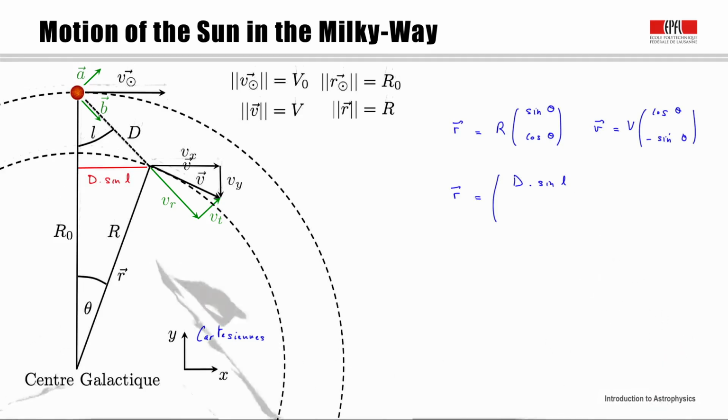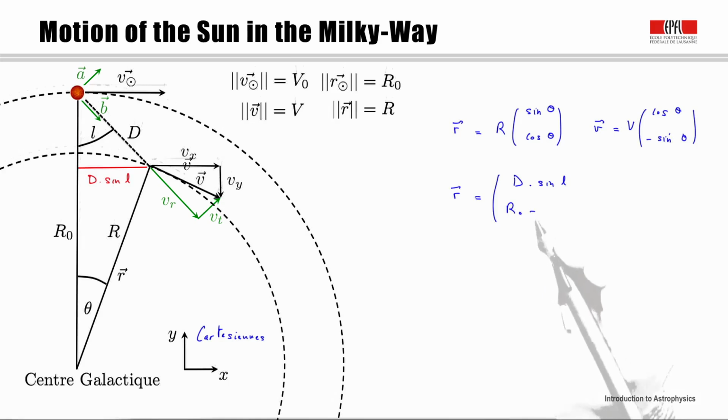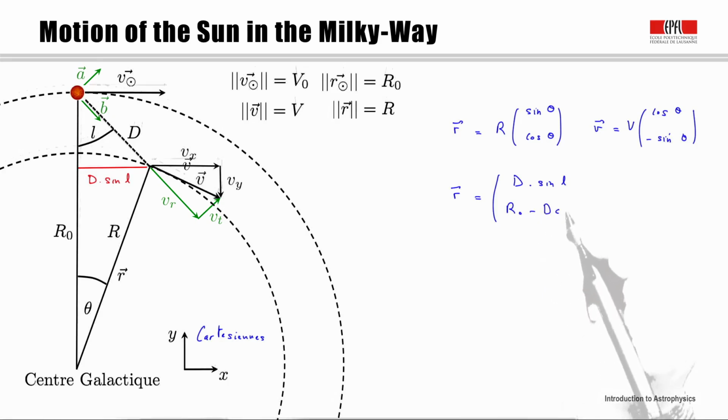It is this distance here, r0 minus that term. So one has r0 minus d cosine l.